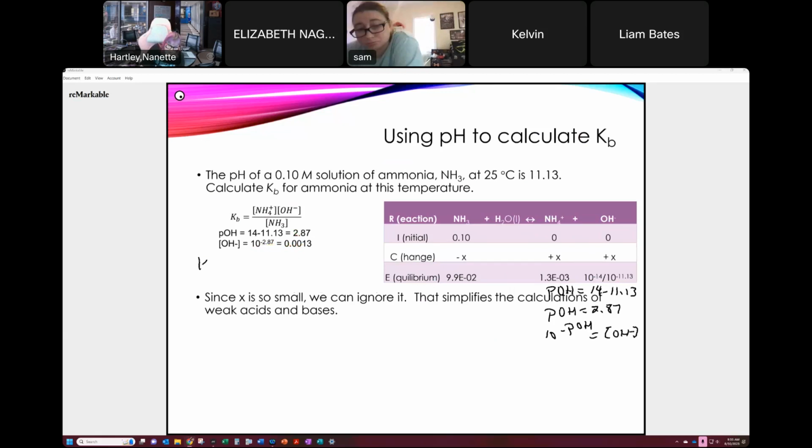And so if I take my Kb and put 0.0013 squared over my 0.10, that should give me the Kb for this.